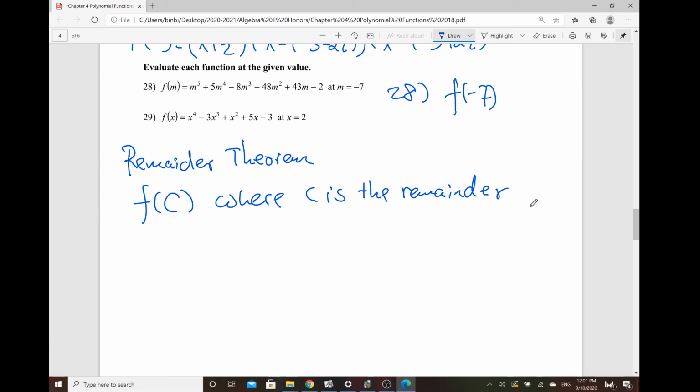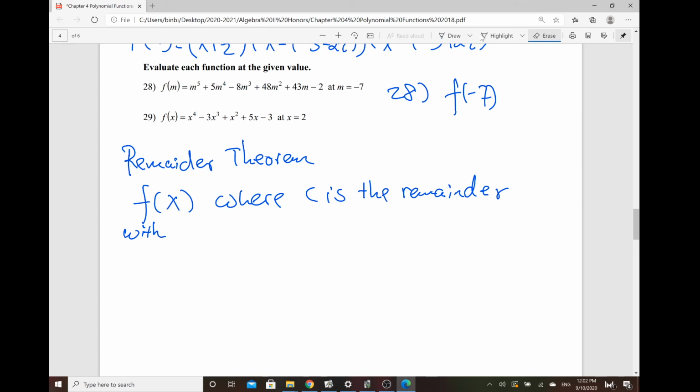Let's say the function is f of x, the original function, with the value of c. I don't want to put in c as the remainder yet.